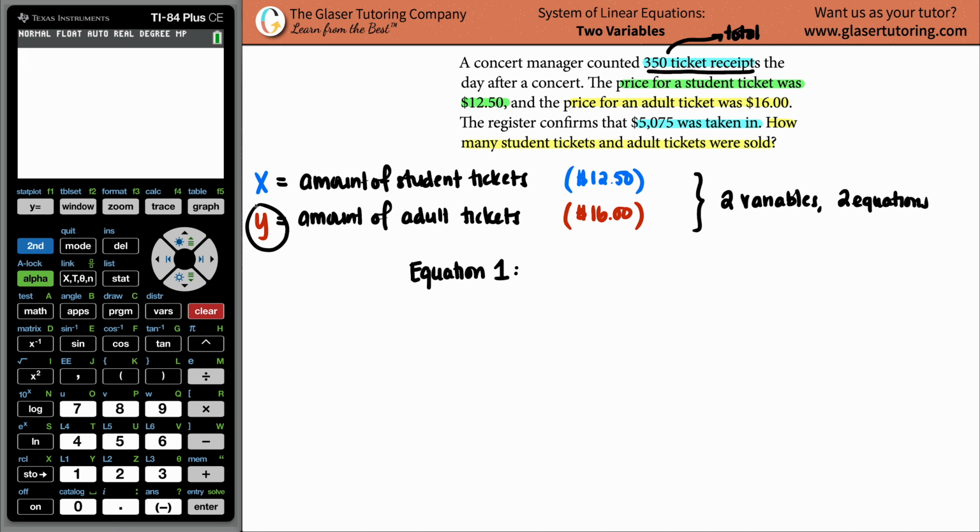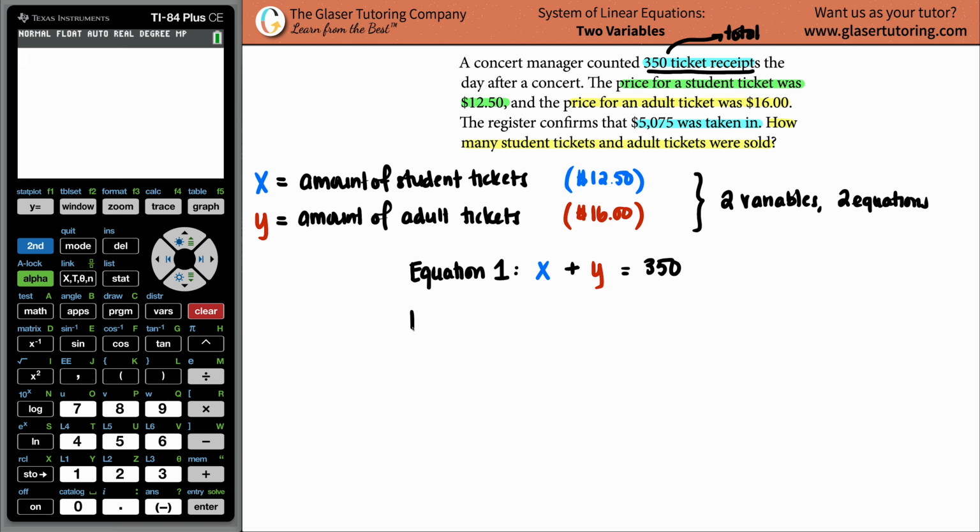Key into your verbiage, your words, plus all the adult tickets will equal 350. So we're going to say that the amount of student tickets plus the amount of adult tickets have to equal what? Yeah, 350 total tickets. So we have our first equation.